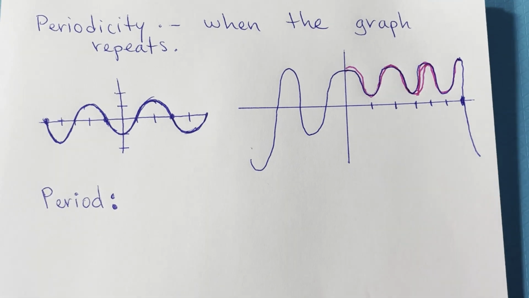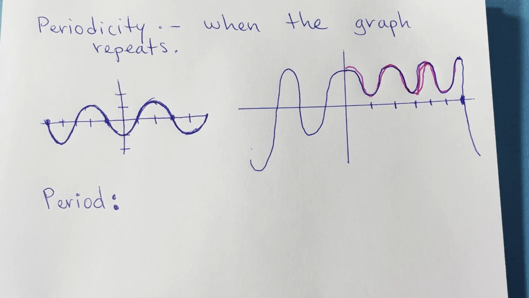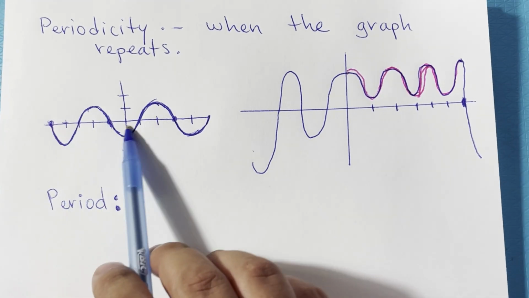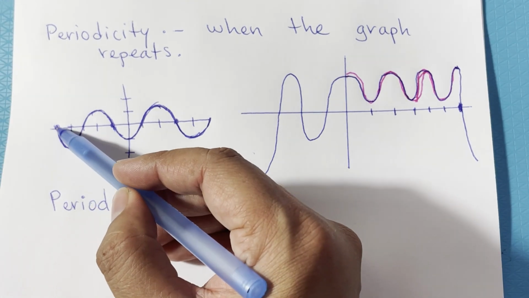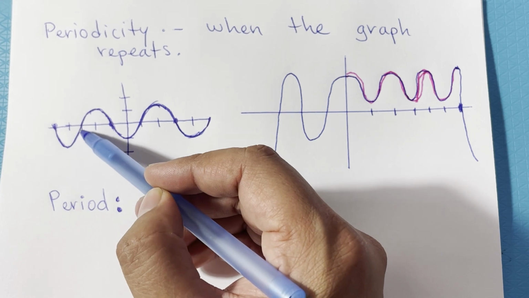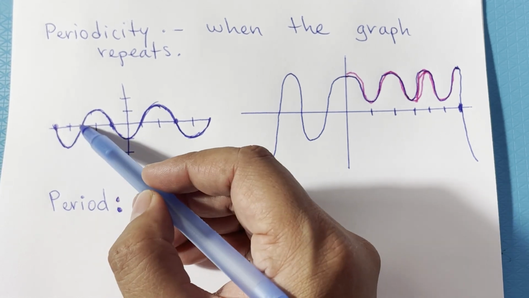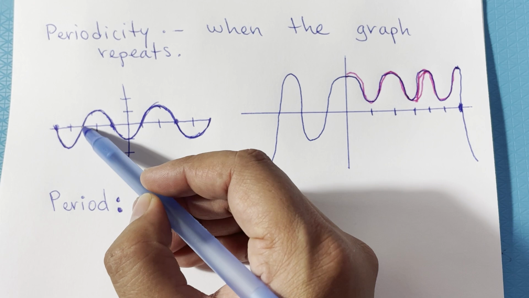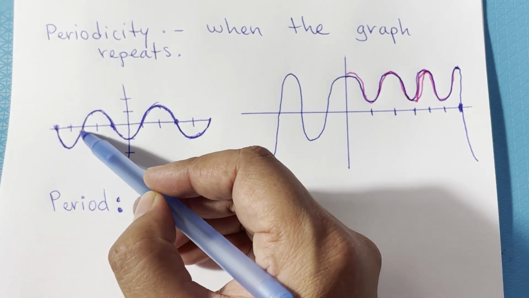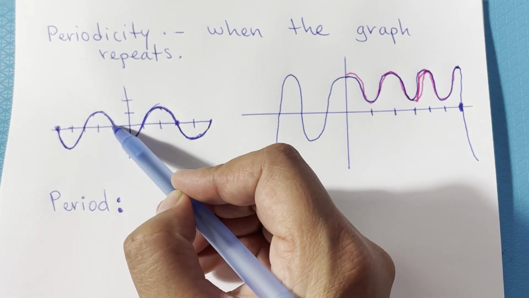And so we can say that the period in here is how often does it repeat? Well, for this graph, you can see that it starts right here, it goes down, up. Then it doesn't go down again yet, because sometimes people think, oh, it touches here and then it touches in here, that's two spaces. But no, it goes down and then it goes up.